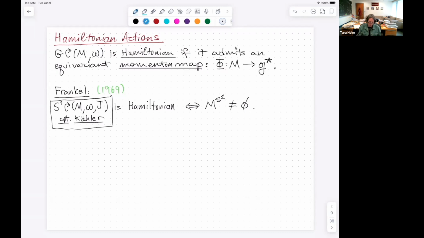And we're assuming that we have a circle action that preserves the symplectic form, so the pullback of the symplectic form under the action is equal to omega. Then this action is Hamiltonian precisely when your fixed point set is not empty. So this is giving some indication that fixed points play some important role.